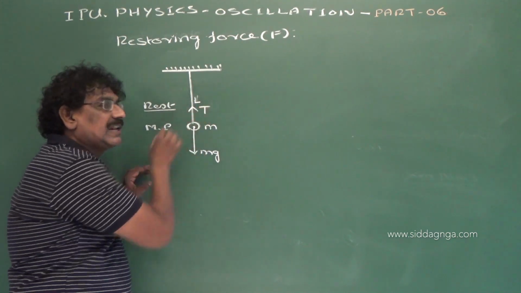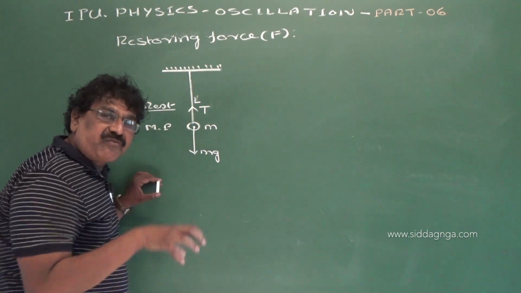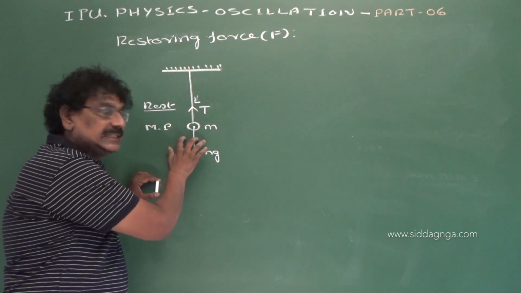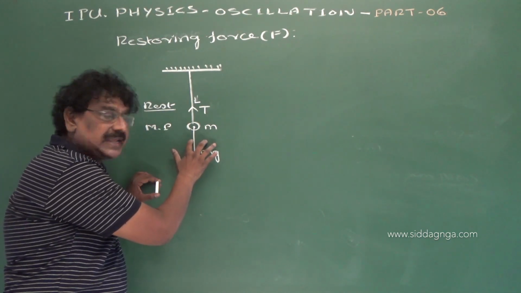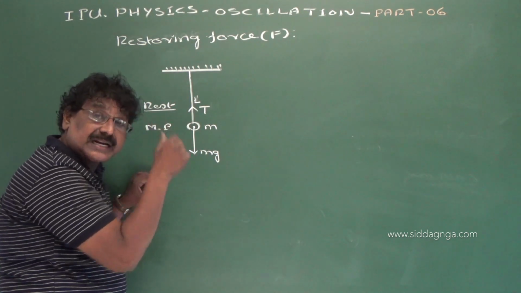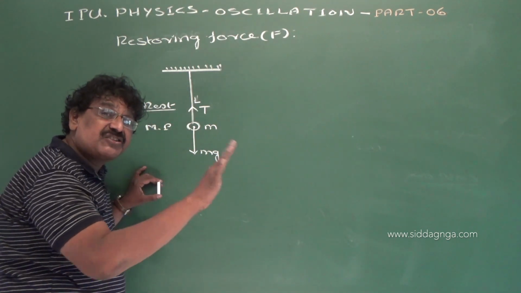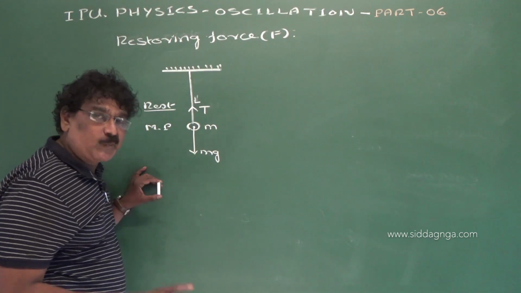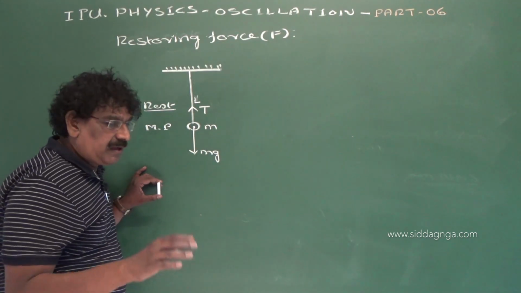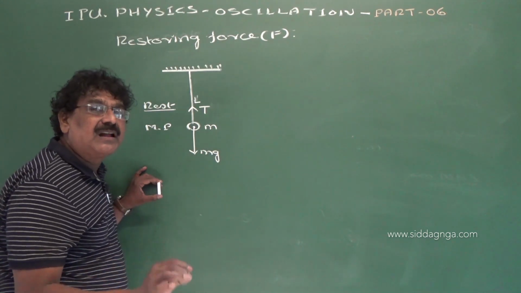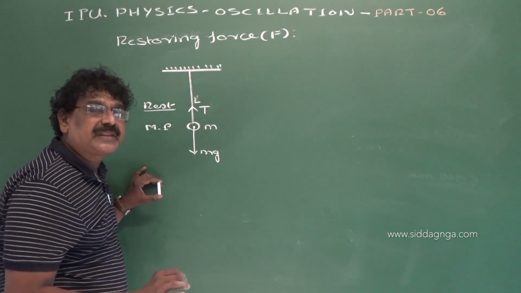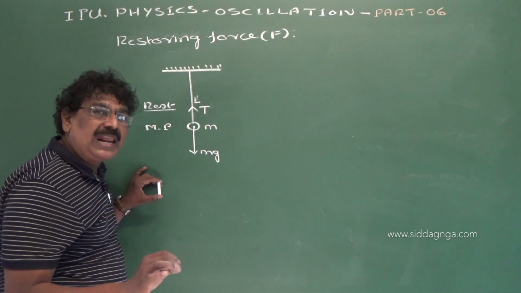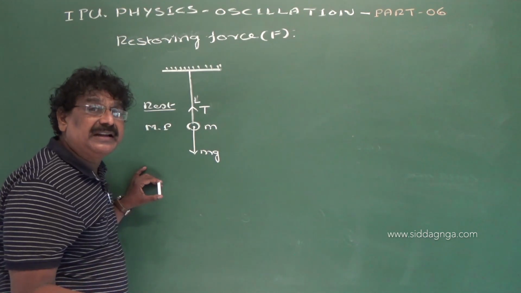Now, the string exerts a force on that mass or bob in upward direction, that is generally called tension in the string, because according to Newton's third law of motion, for every action there is an equal and opposite reaction.